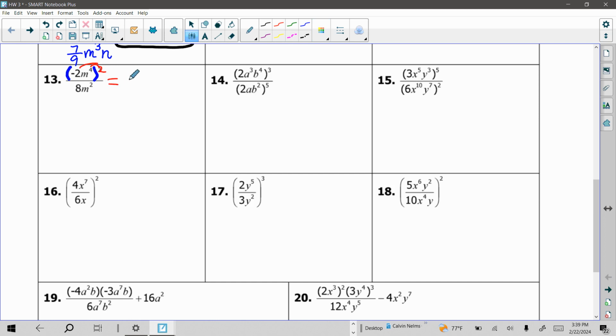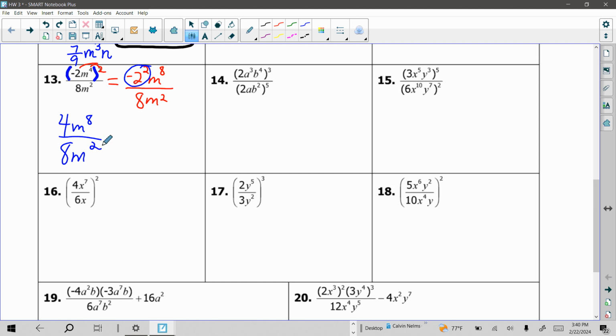So this is -2 squared, and then m now to the power of 8. Now that's all over 8m squared. Okay, and we need to basically simplify our coefficients first. So this is going to turn into 4m to the 8th power over 8m to the 2nd power.